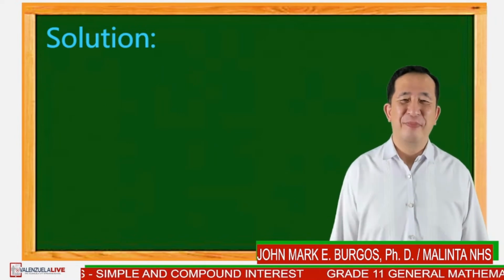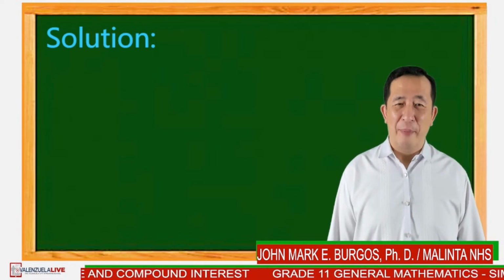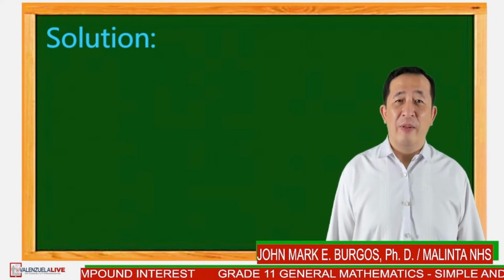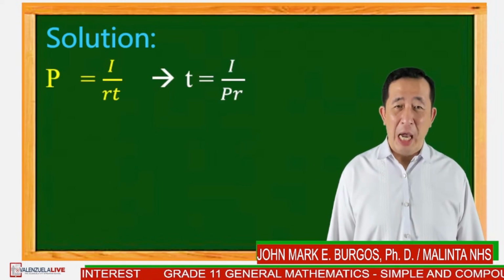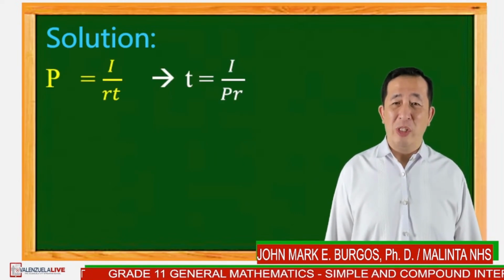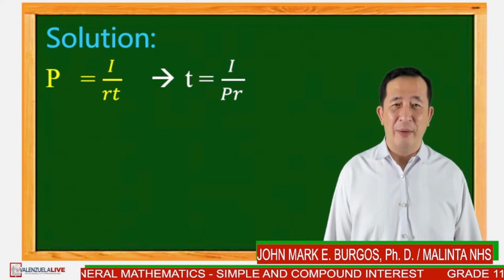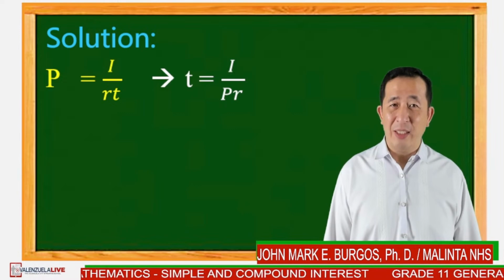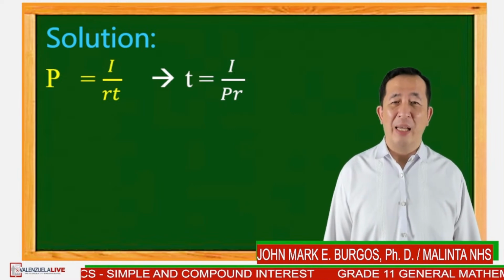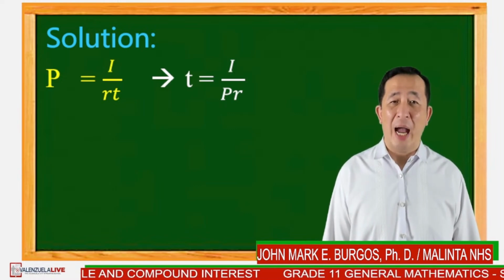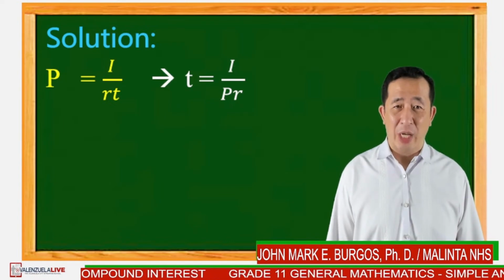To solve the problem, we will derive the formula in finding T from the main formula, which is P is equal to I divided by R times T. So, to find the T, we have the formula T is equal to I divided by P times R.